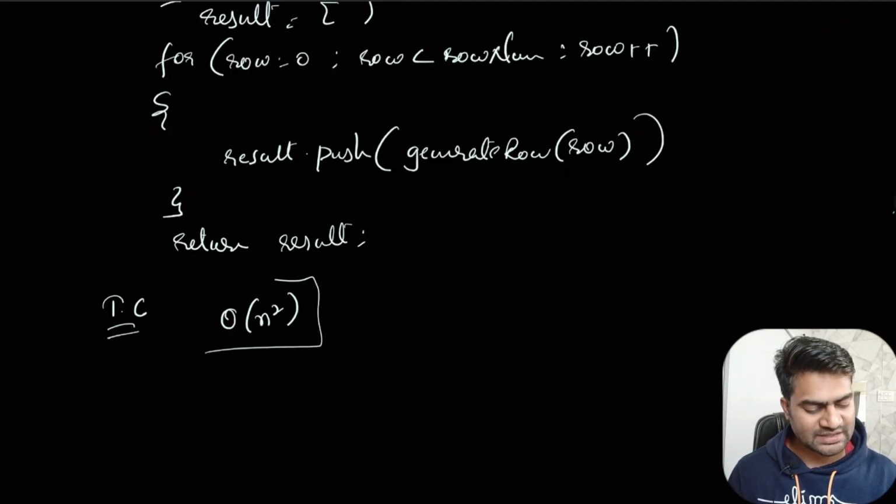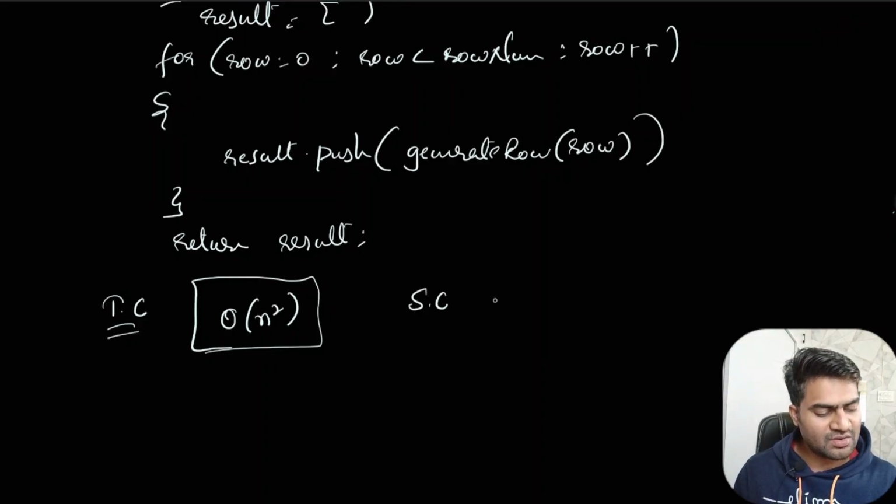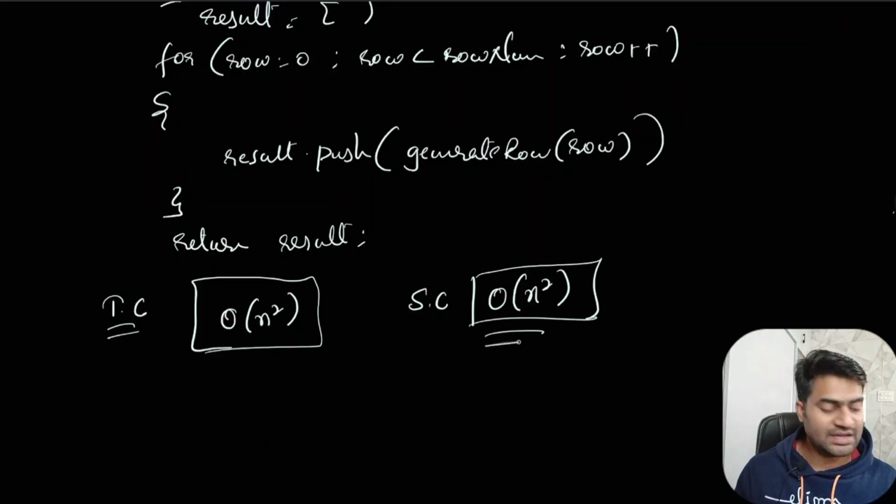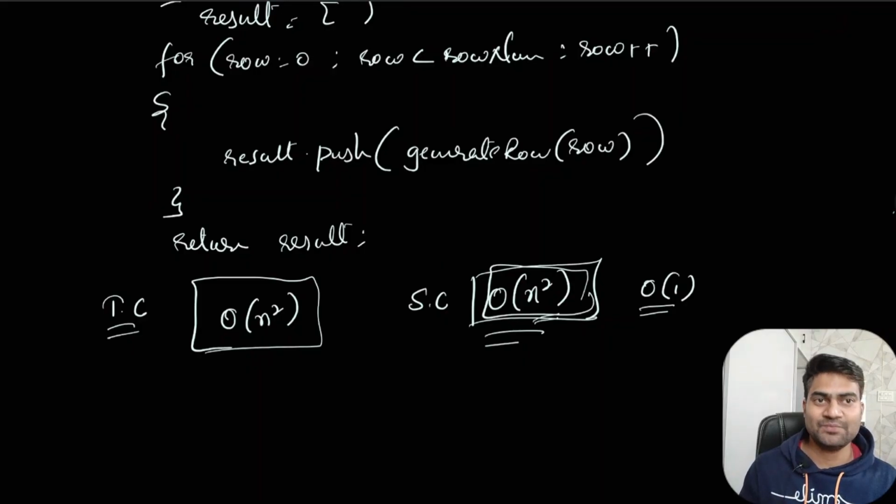The space complexity will be O of n square, because we use an array to store the Pascal triangle. Apart from that, we don't use anything extra. We can also consider it as O of 1, because this O of n square we use only to store the values. Anything should be fine here. You can explain this to the interviewer.